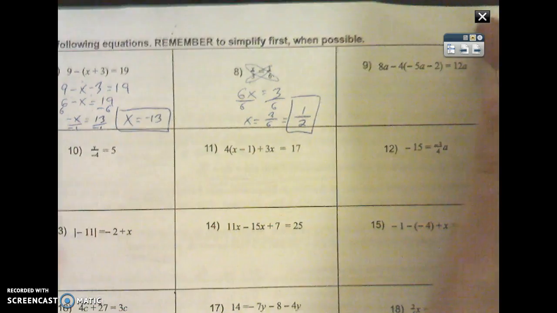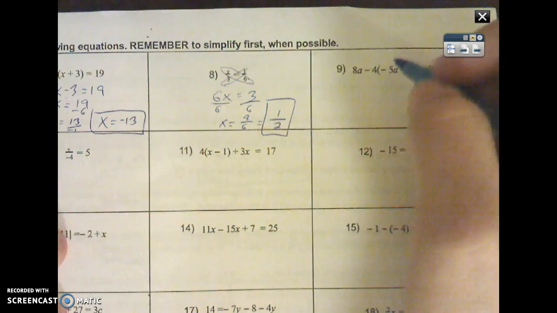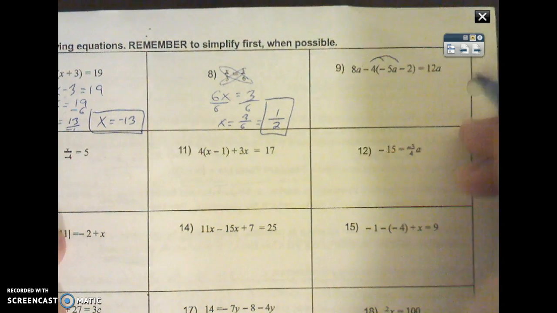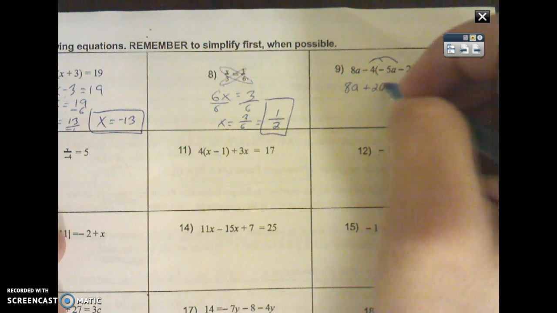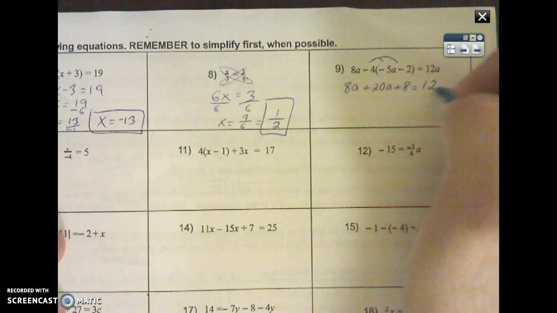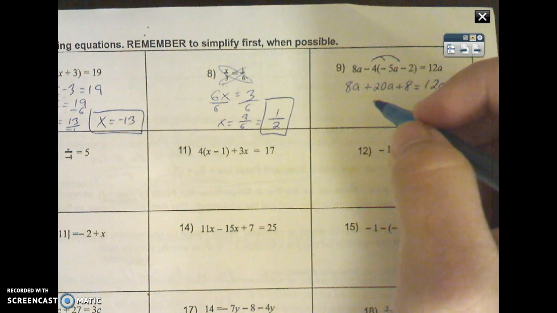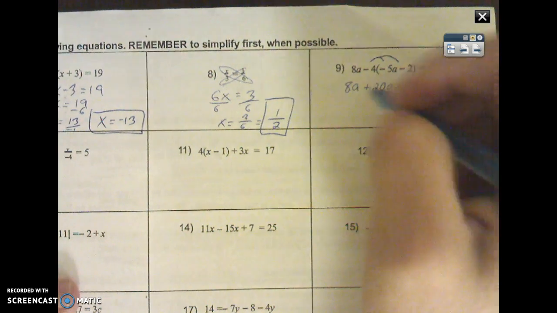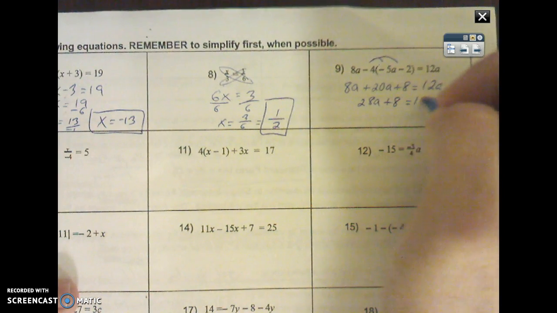Okay, so number 9, I can distribute this negative 4 in. So I get 8a plus 20a plus 8 equals 12a. Okay. So let's combine like terms. On the left-hand side, 8a plus 20a gives me 28a plus 8 equals 12a.